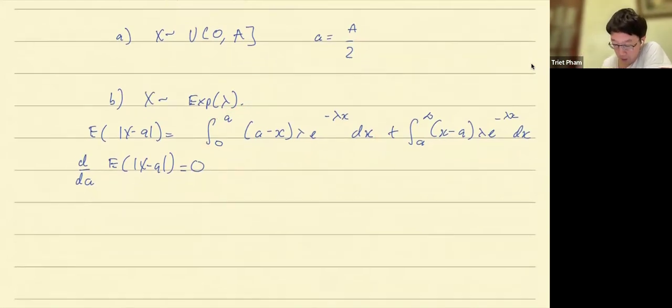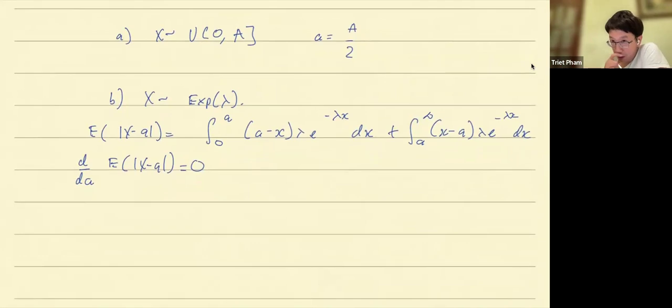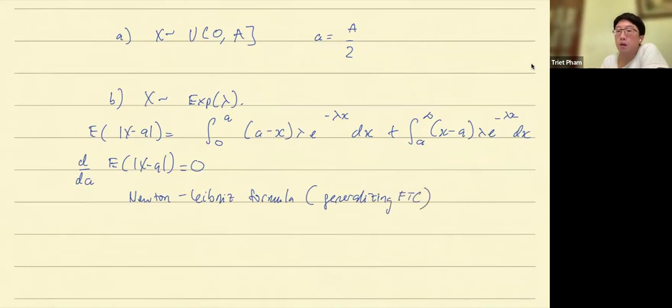But let me tell you one thing that you may or may not know, which is called the Newton-Leibniz formula, which is a generalization of the fundamental theorem of calculus. So what's the fundamental theorem of calculus?